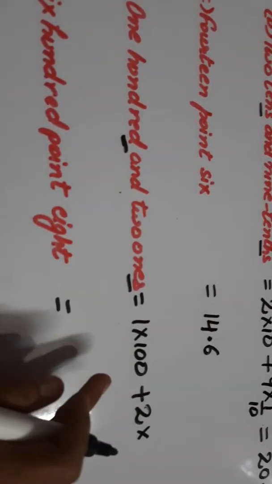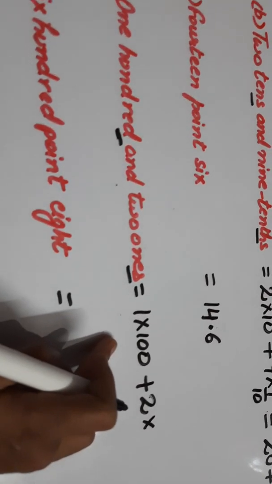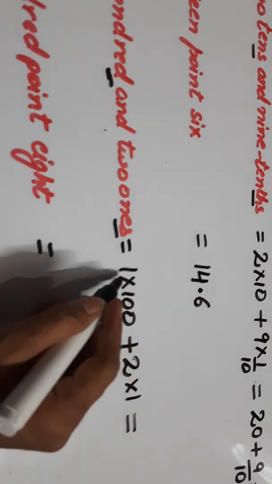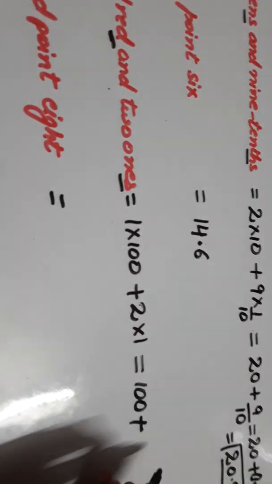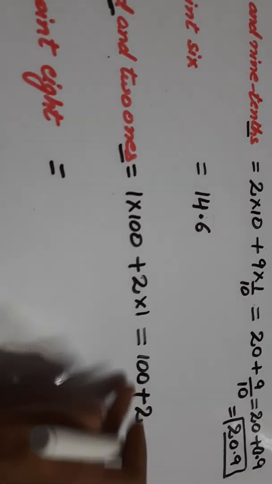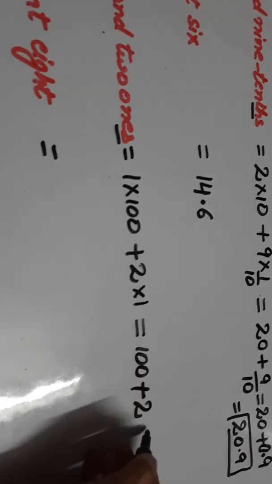If TH were there we would take it in the denominator, but no TH is there, it is ones, so we'll multiply it by 1. So let us solve it. 1 into 100 is 100, plus 2 ones are 2. So 100 plus 2, both are whole numbers, so 100 plus 2 is 102.